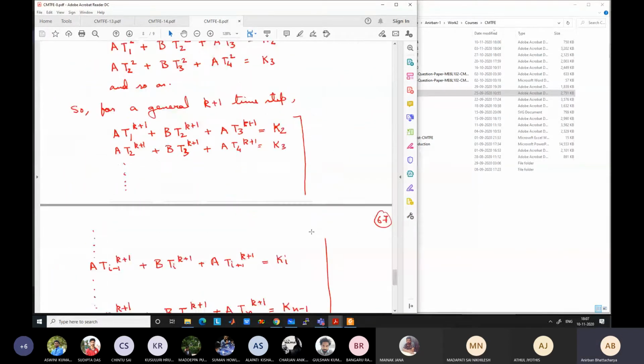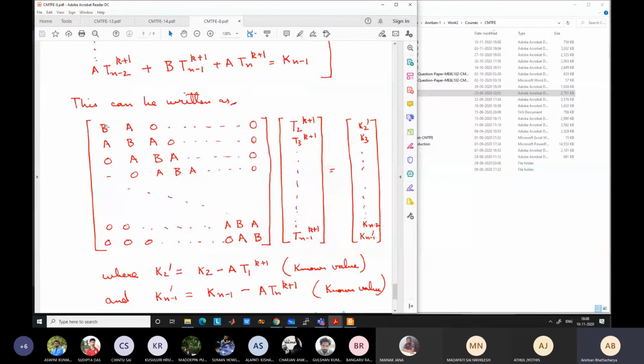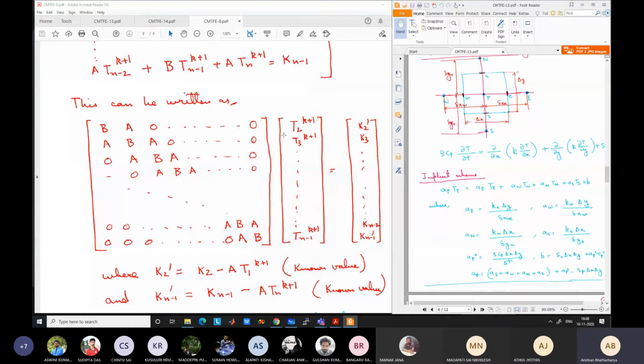We will form a matrix like this, where all the coefficients are in a coefficient matrix, all the unknown variables are in an unknown vector, and all the source terms, the B terms from our CFD finite volume discretization, are on the right hand side.